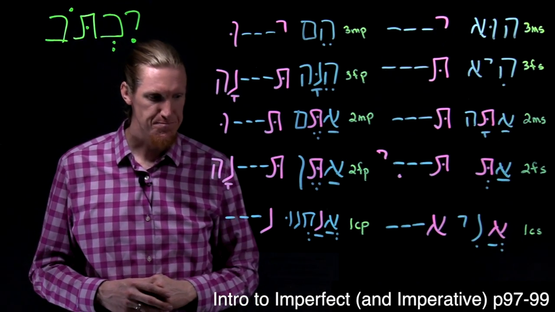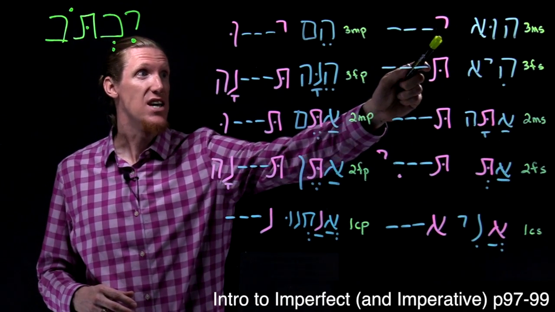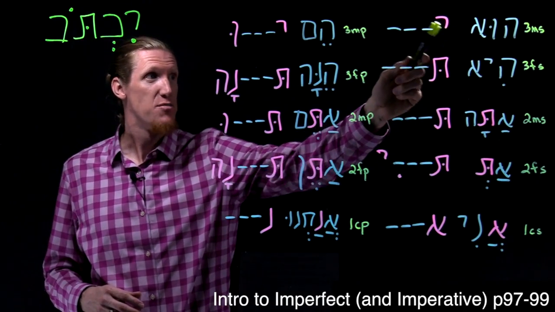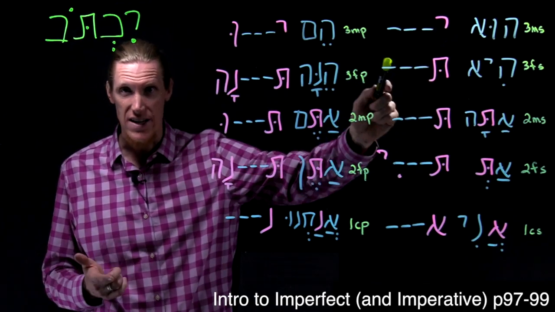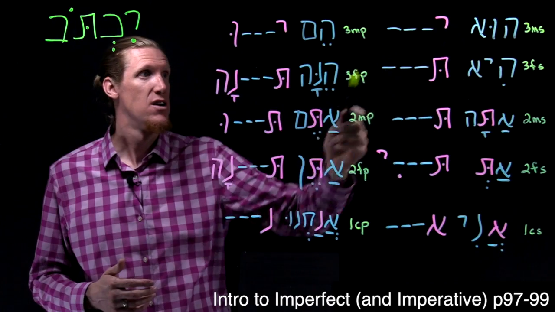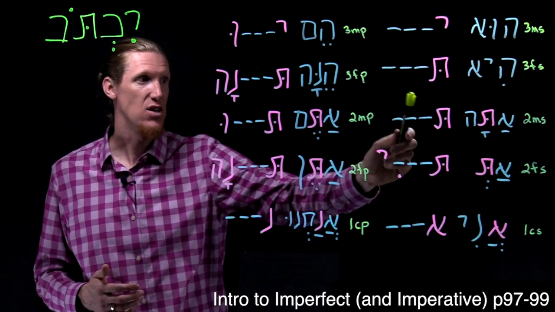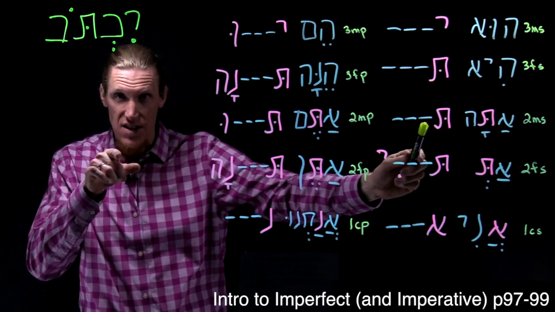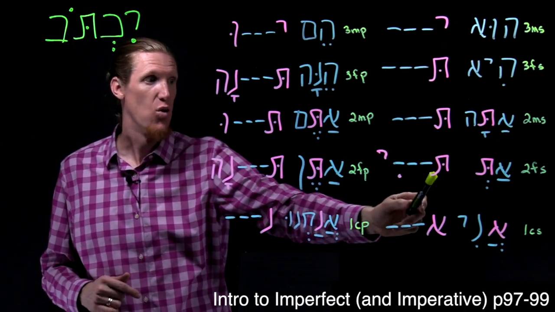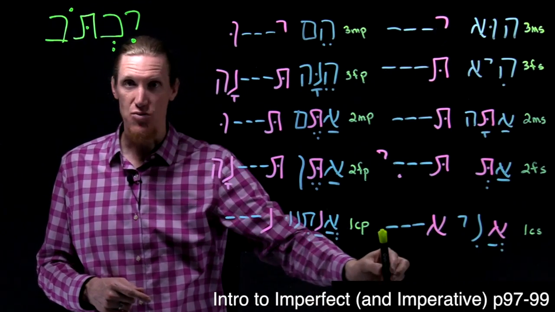So the first one here would be yichtov, third masculine singular. He writes. It could be either he writes or he will write. She writes for third feminine singular. You masculine singular write, or you feminine singular write. And I write.